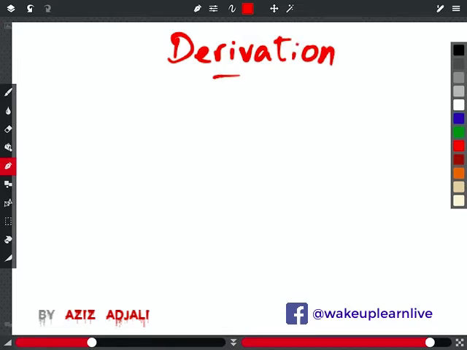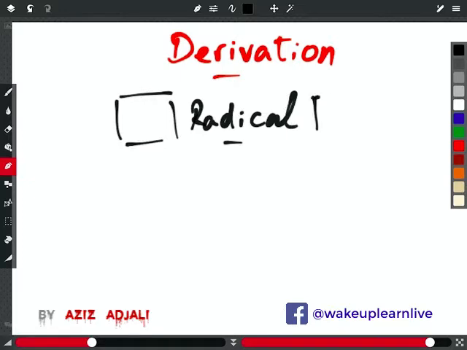Okay, what do I mean by derivation? Each word in English has a radical or a stem. After that, we add prefixes and suffixes to that radical, one of them, and then we obtain a new set or a new form of that word.